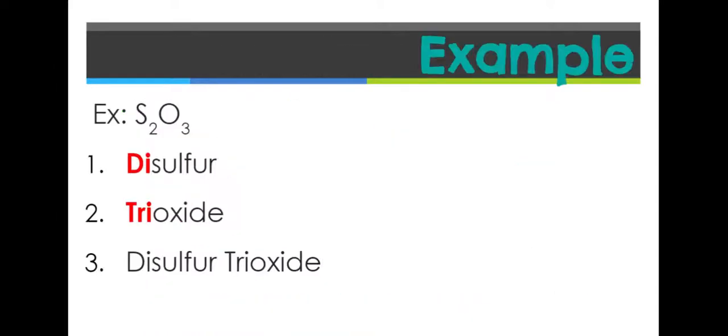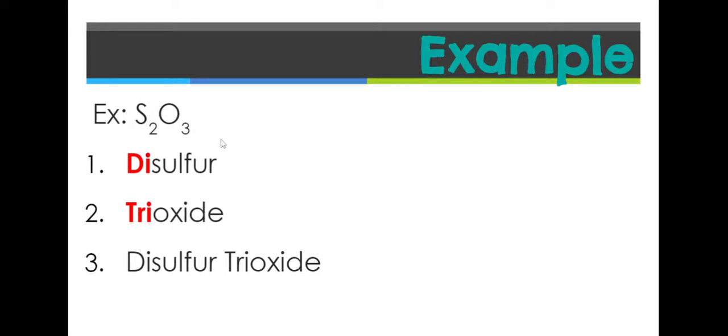So for example, here we have a compound containing sulfur and oxygen, and I was avoiding naming them previously, so I would just point out the elements because I wanted to get to this part so we could actually understand why. So I have 2 sulfur atoms, and we know that 2 is the Greek prefix di. So I would just write di in front of the word sulfur.